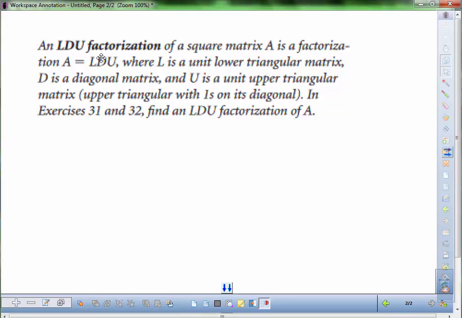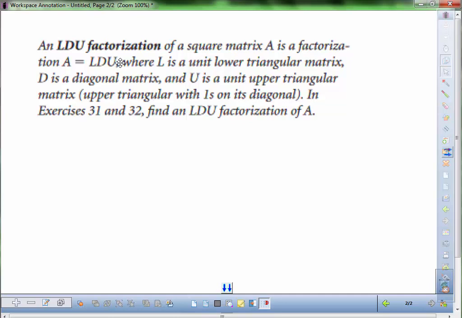That's because the U is going to be broken up into a D and a U, the scalar to make it not unit.